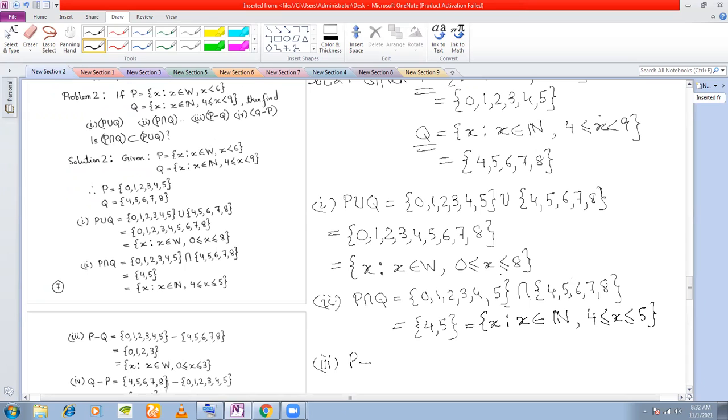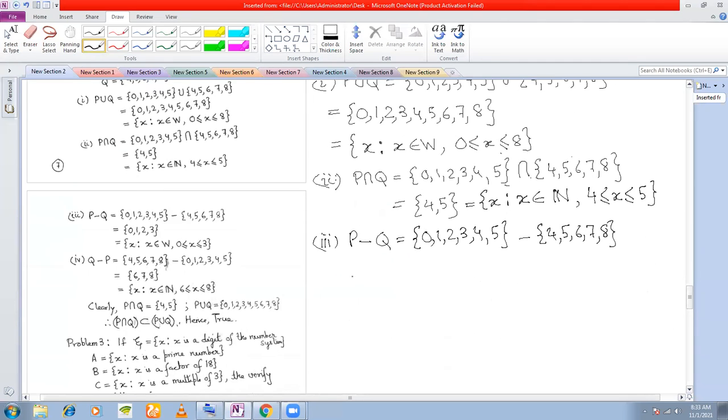This is P minus Q. Now what is P minus Q? All the elements of P from which we remove all the elements of Q. What are the elements of Q? 4 is an element, 5 is an element.